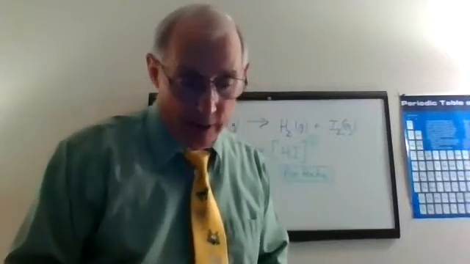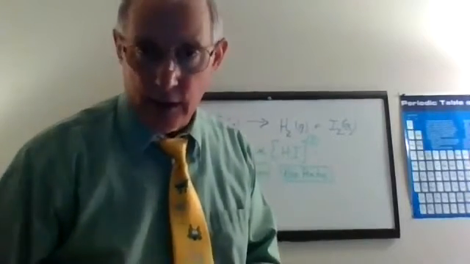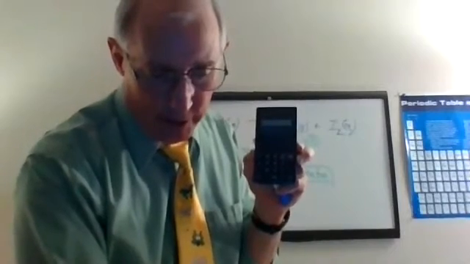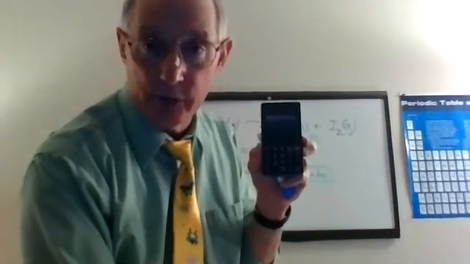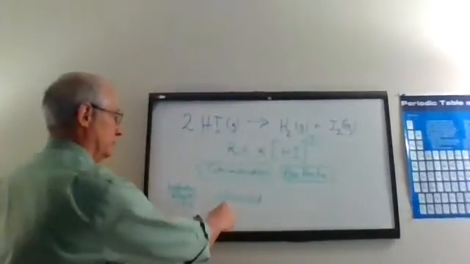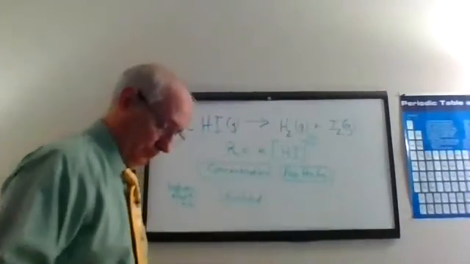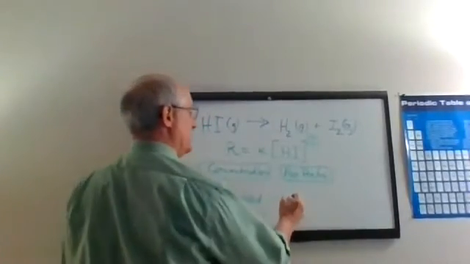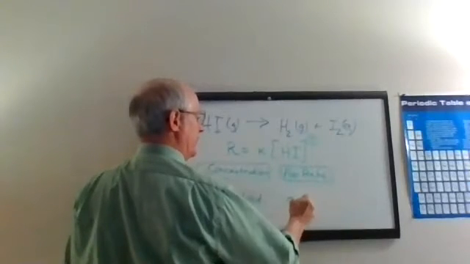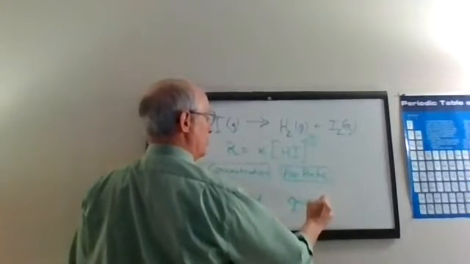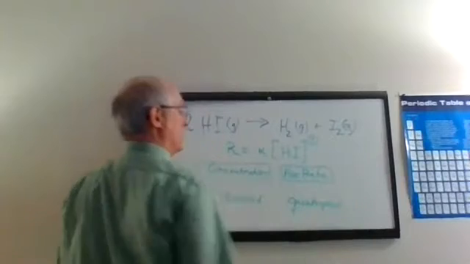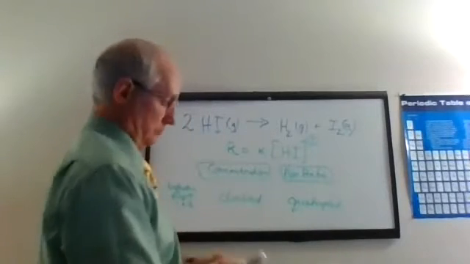You can take those two values and you can divide them with your calculator. First, the concentration doubled because 0.030 divided by 0.015 is 2. And 4.4 times 10 to the negative 3 divided by 1.1 times 10 to the negative 3 is 4. So when the concentration was doubled, the new rate was quadrupled. So let's go back to that rate law.